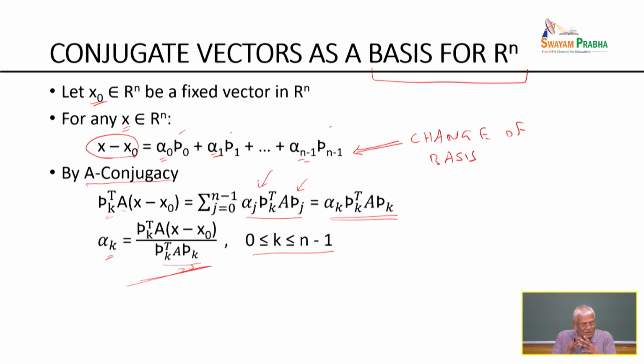So A conjugacy, by virtue of linear independence, provides a new basis for Rn. Instead of doing the problem in the original basis, I am now going to do the minimization problem in the new basis. It is simply a transformation of the basis for conducting this minimization algorithm. In the case of the gradient algorithm, we work in the original space, the original basis itself.